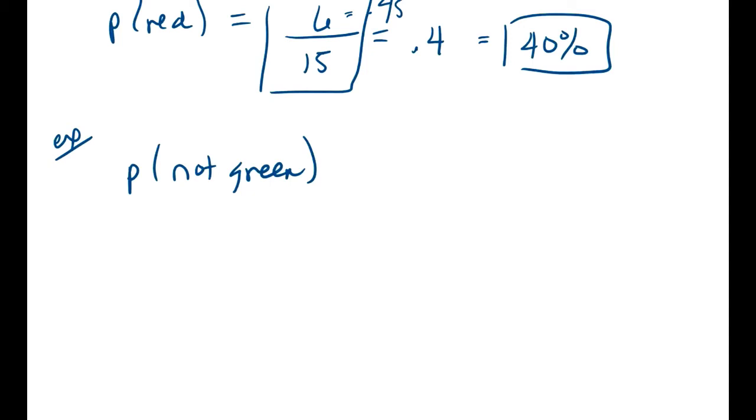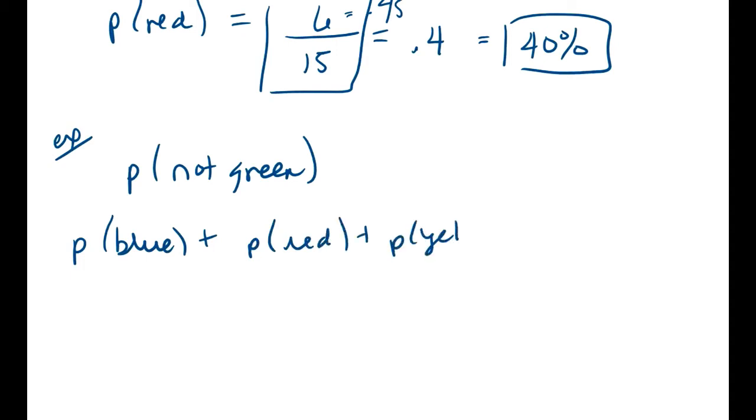One option would be to add the probabilities of everything that's not green. So for us, it could be the probability of the blue plus the probability of the red plus the probability of the yellow. We could find all of those. In fact, we found 2 of those already. We could add them up and find the probability that way.